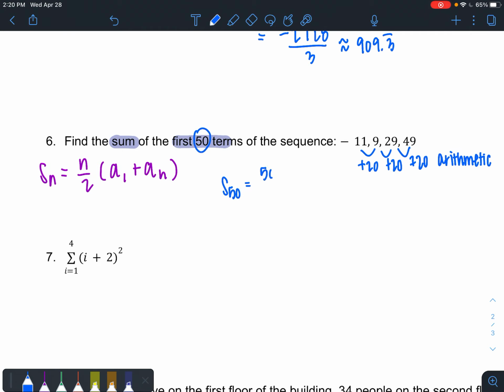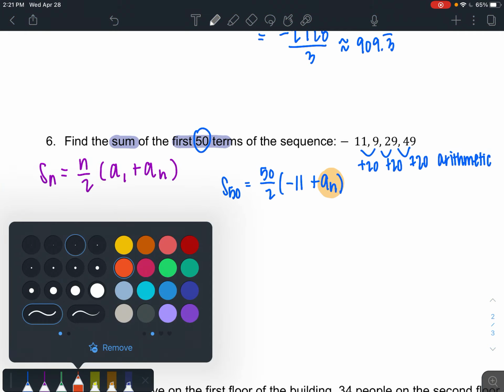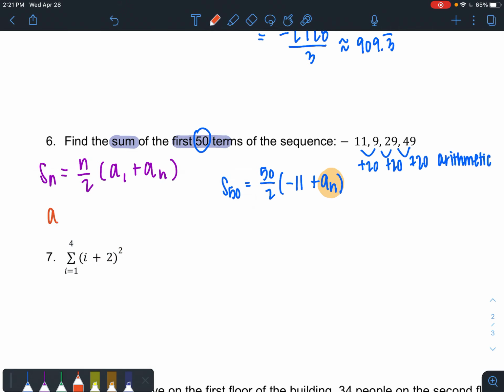equals 50 over 2. My first term is negative 11, but I don't know what a sub n is yet, so I need to find that. The way I'm going to find that is a sub n is equal to a sub 1 plus d times n minus 1. a sub 1 is negative 11, d is 20, and n is 50.